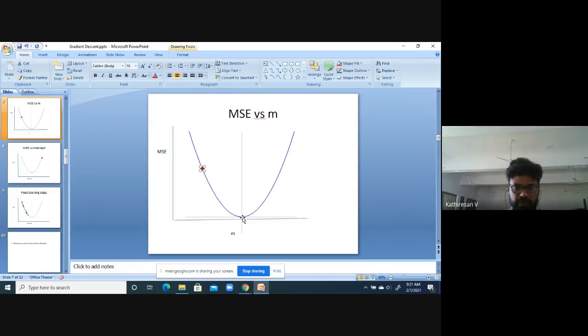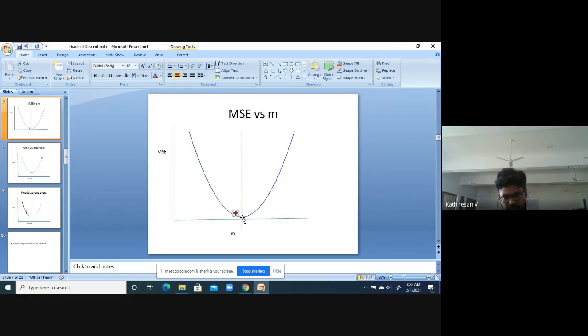Initially MSE is high, then it is getting reduced, and it will reach global minima at some point.